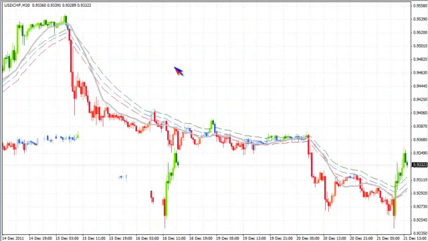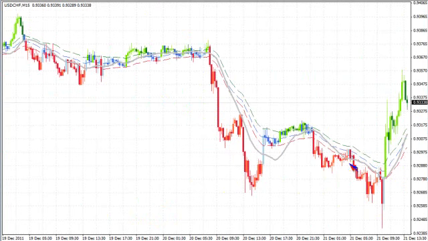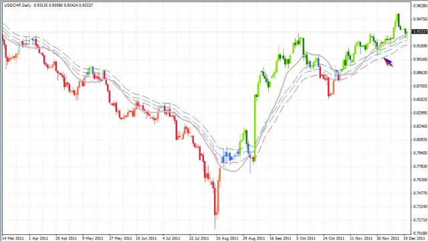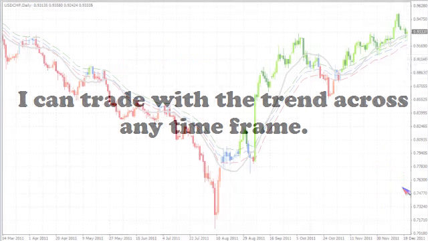Now the 30, 15, and 5 might, as always, also might as well be, in this case, back here, trend following too. We have the 12 to 2. It's not that we won't trade with the trend in a short-term time frame. Of course we will. In fact, if there is a directional bias that's clear, this isn't strong, but it's clear, I can trade with the trend across any time frame.